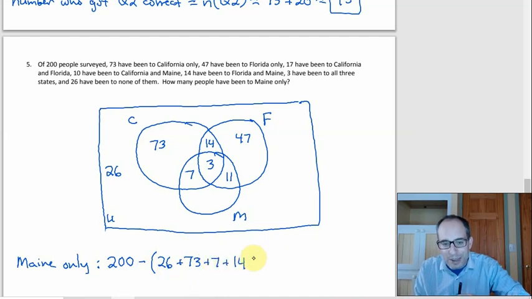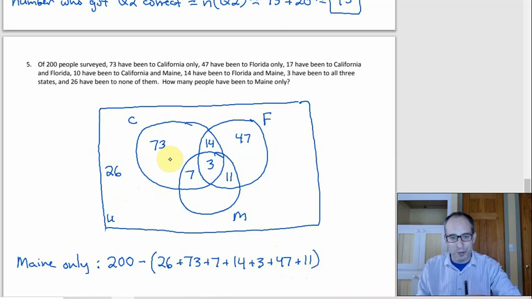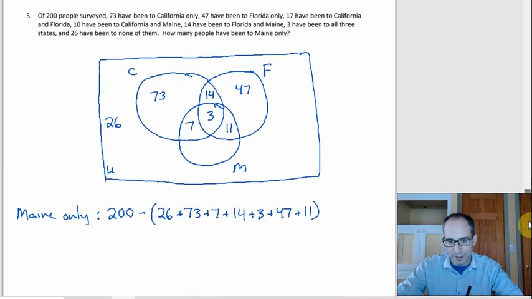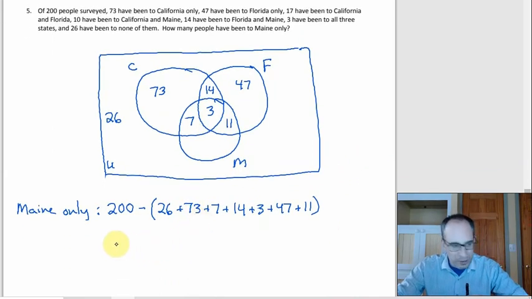But we're just going to add all these numbers together. Everything we've got in there so far: 26, 73, 7, 14, 3, 47, and 11. And then we're going to take that sum and subtract it from 200. Let's see, can I do this one in my head? We're going to find out.